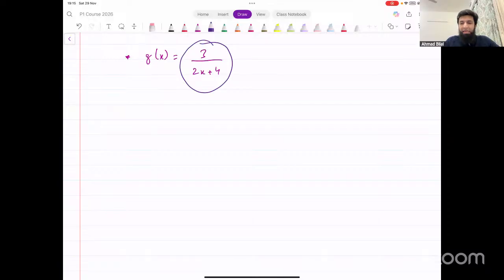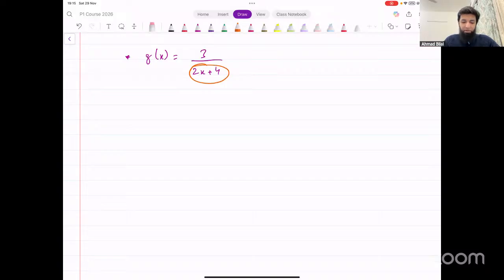So generally, any value of x should work here, but there's one exception, and that is since you've got x in the denominator, whenever you have a variable in the denominator, you've got to be careful that in the denominator you cannot have 0 because division by 0 is not possible, right?